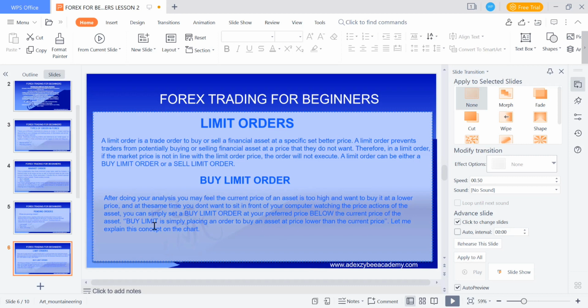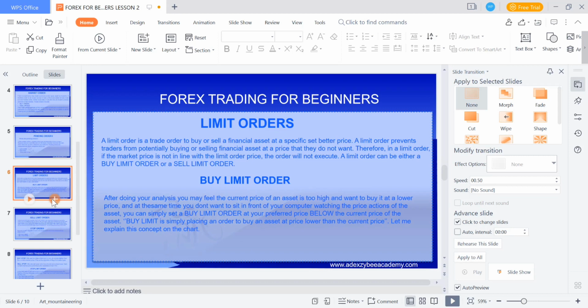So you are using limits. You are buying below the current price. Buy limit simply is an order to buy an asset at a price lower than the current price. Okay, I will explain this more later on the MetaTrader, but for now, let's just take all of them, then we'll explain it together.